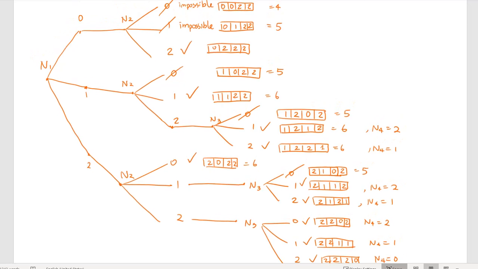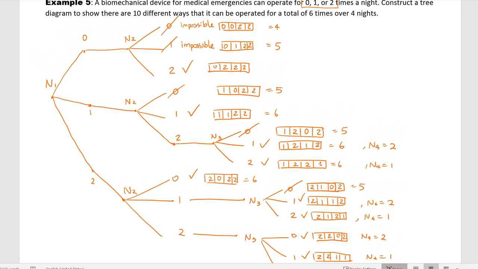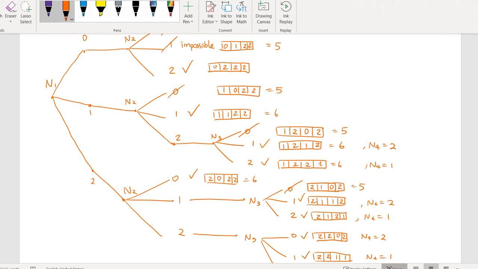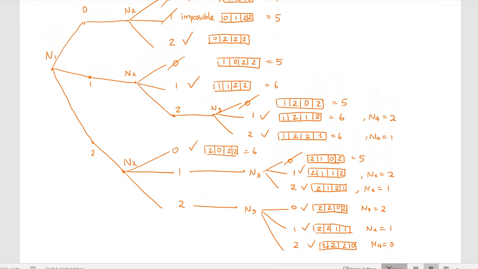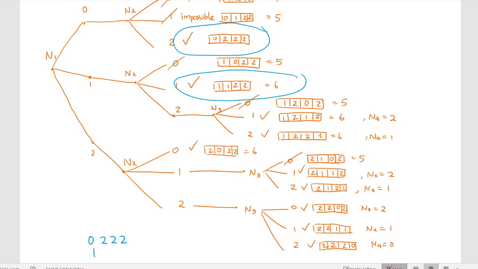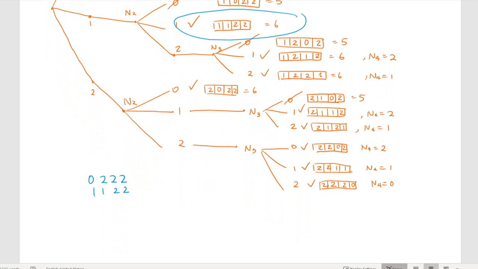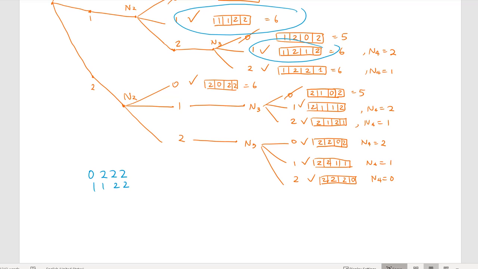Okay, how many are there? Let's write it down. So we have this one, 0, 2, 2, 2. And we have this one, 1, 1, 2, 2. We have 1, 2, 1, 2. This one, 1, 2, 2, 1. This one, 2, 1, 1, 2.